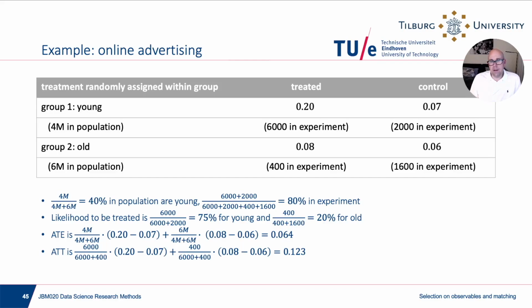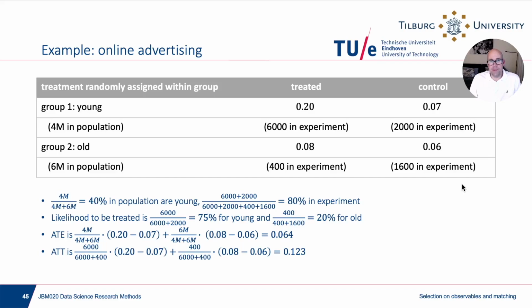So also here you see that among old people, who did not really participate that much in the experiment in the first place, it was randomized in a way so that old people were actually more likely to be in the control group.